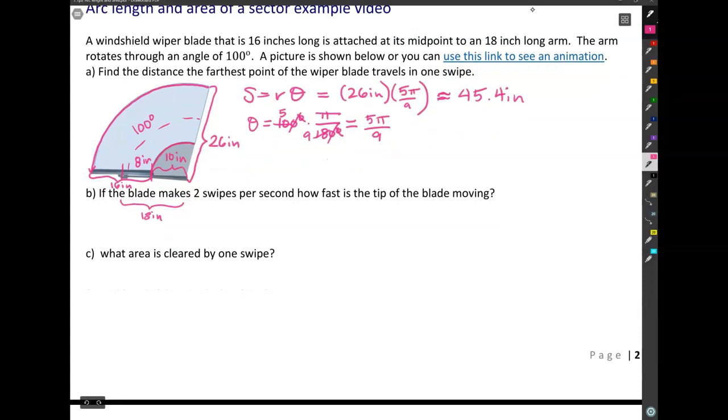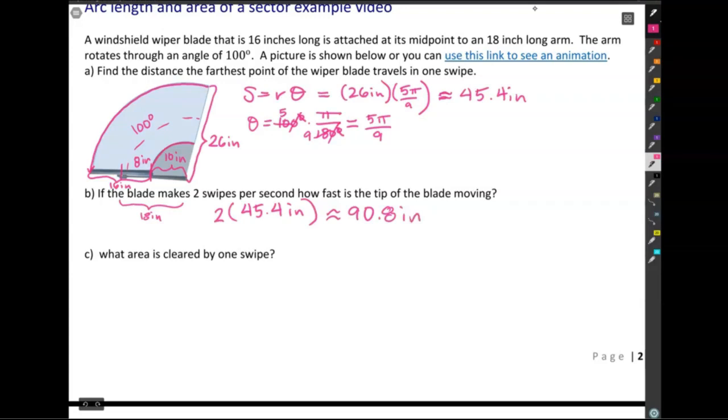We can figure out how far it's moving. 2 swipes is going to be 2 times our 45.4 inches, so about 90.8 inches. And it does that in 1 second, so we can just add per second to that and we're in great shape.